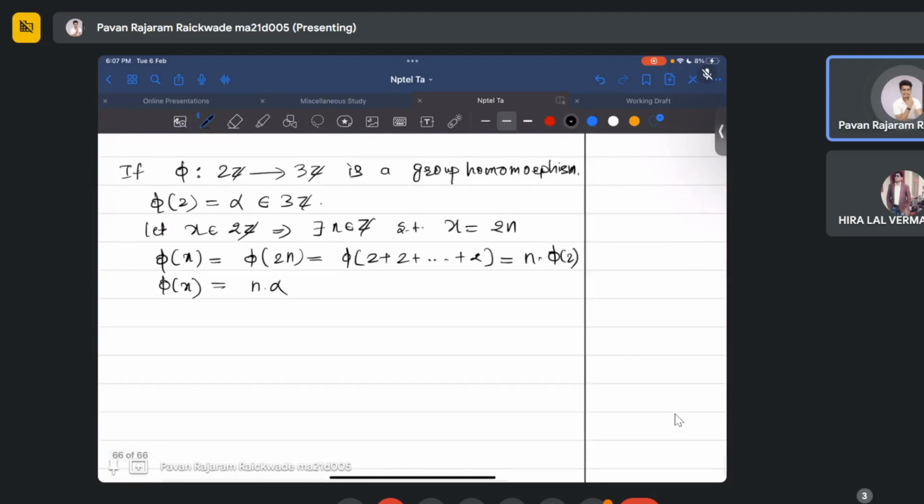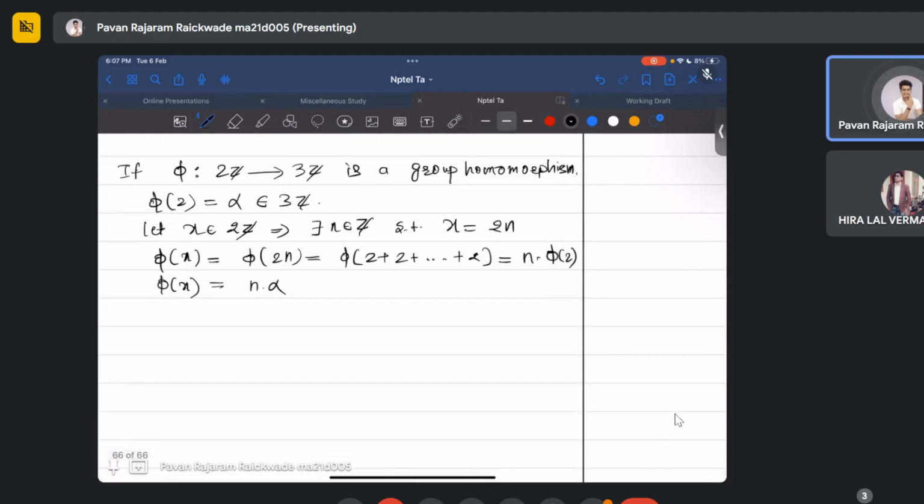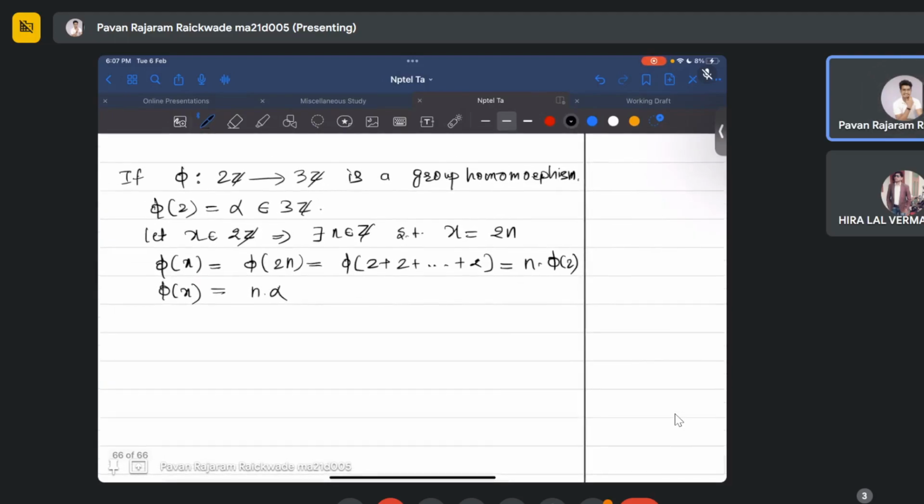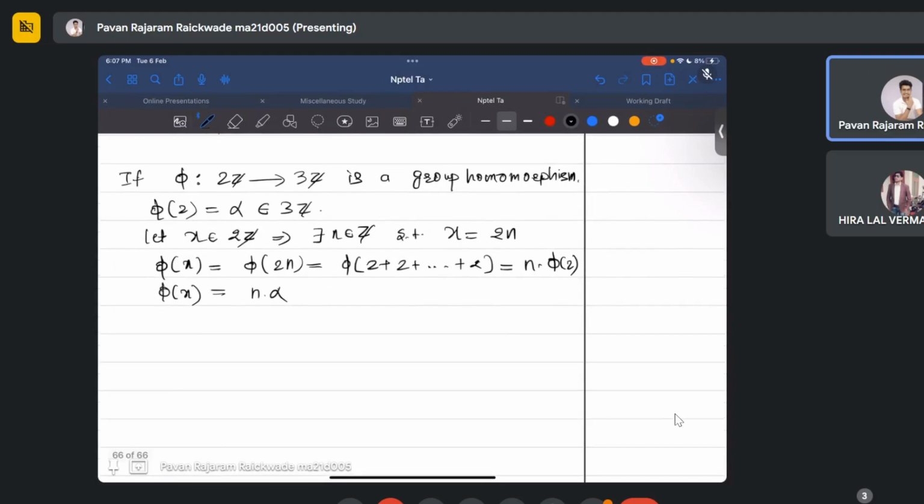So when will this be a ring homomorphism? That's the question. Suppose x and y are two elements in the ring 2Z. What is phi of x?